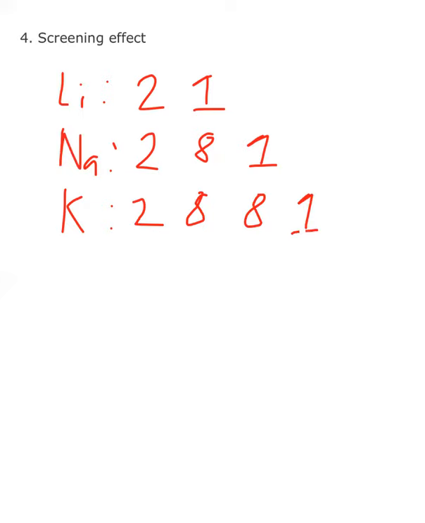So we can see over here that in lithium, there are 2 screening electrons. In sodium, there are 10 screening electrons, and in potassium, there are 18 screening electrons.